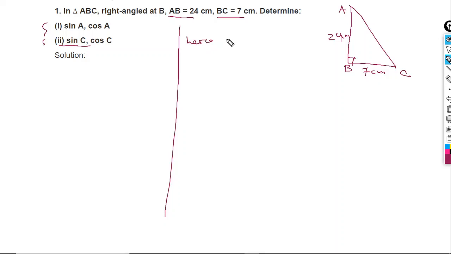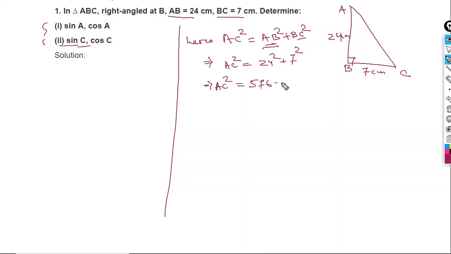Here AC square is equal to AB square plus BC square, implies AC square is equal to the value of AB, that is 24 square, plus BC, 7 square, implies AC square equal to 24 square, which will be 576, plus 49.